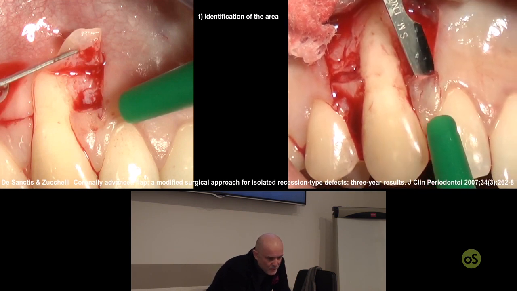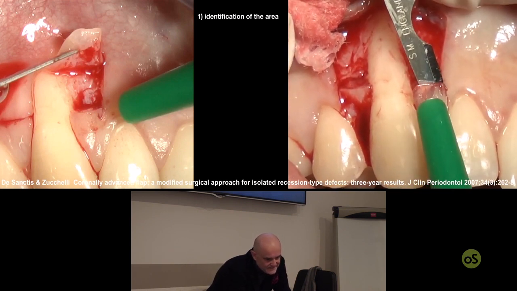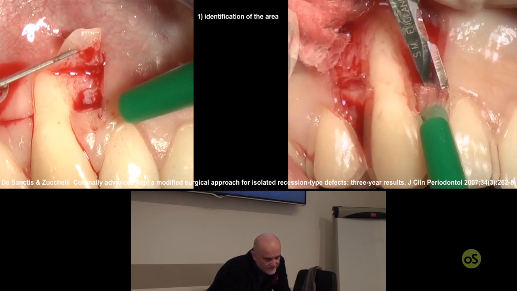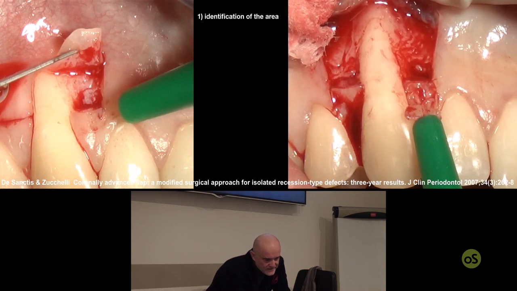So now I'm already completing the separation of the epithelium from the connective tissue at the base of the papilla. And you see that I give the epithelium to my assistant's suction that keeps it separated from the connective tissue.